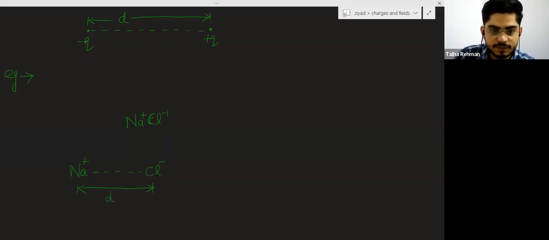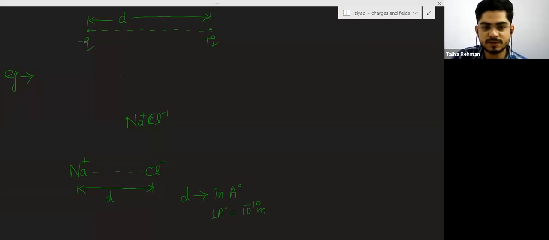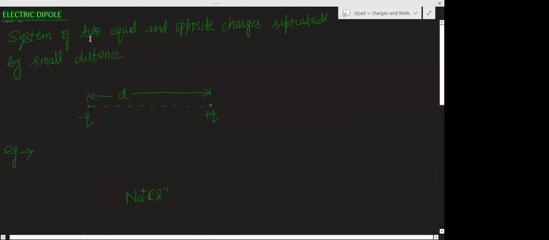This distance d, angstrom is the unit of distance. 1 angstrom is equal to 10 to the power minus 10 meter. So see how small is the distance in angstrom. So this is the electric dipole.